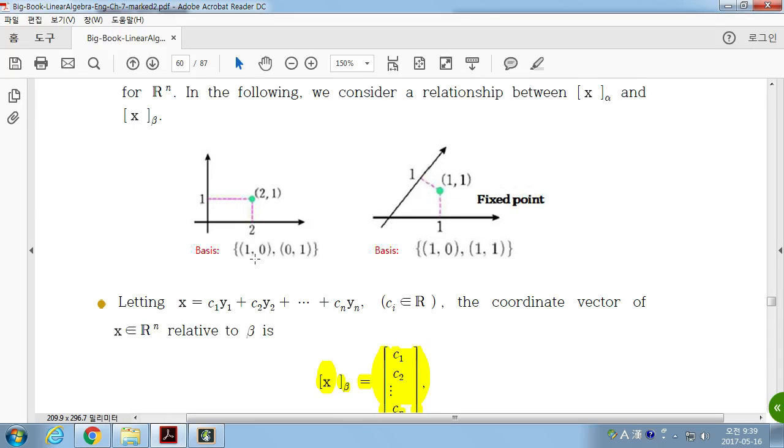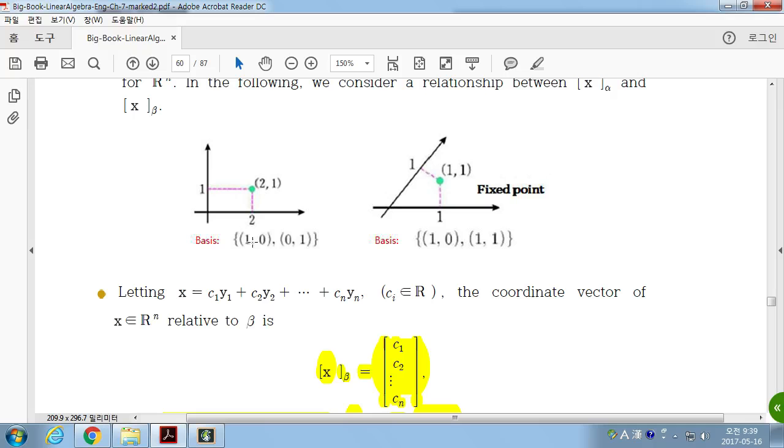But with this basis, the coordinate vector of this point can be written as what? 2 times E1 plus 1 times E2, isn't it? But the same point can be written as 1 times this vector x1 plus 1 times this vector x2.